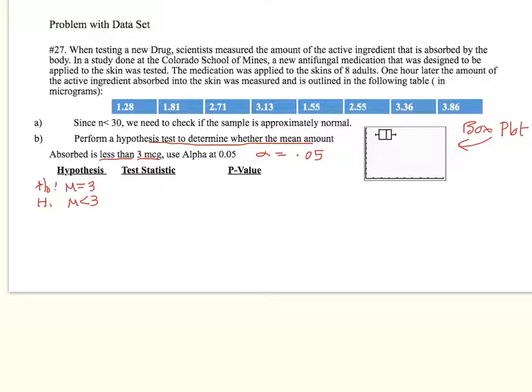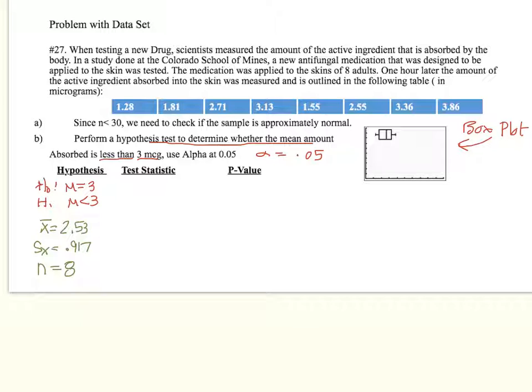Okay, so now from our calculator, we obtained the following information. X bar is equal to 2.53. Sx was equal to 0.917, and of course n is equal to 8.